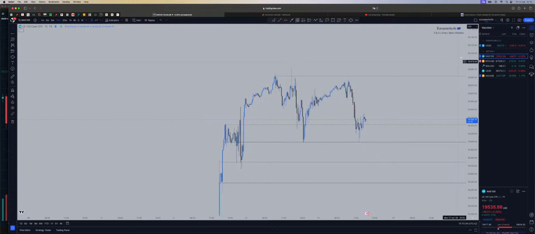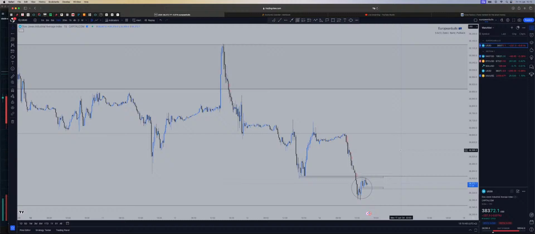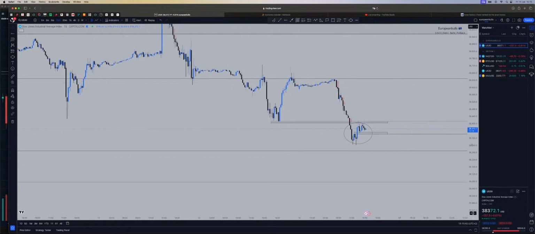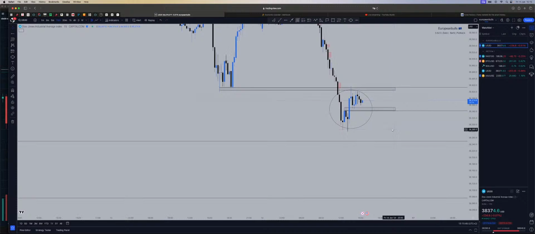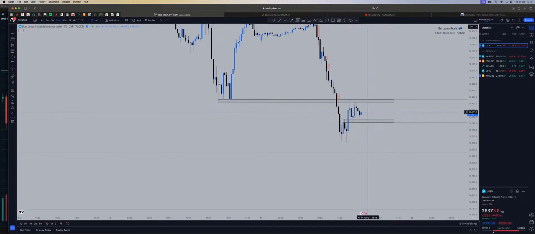So, not all eyes on NAS100 but US30, because this channel is just about US30. So we'll see how it goes. It's 15 minutes to go for the New York Stock Exchange to open.